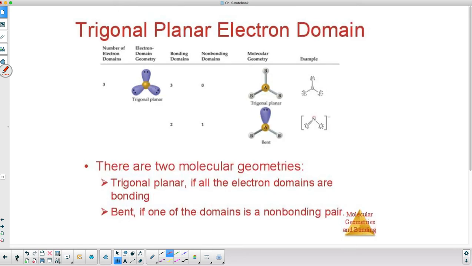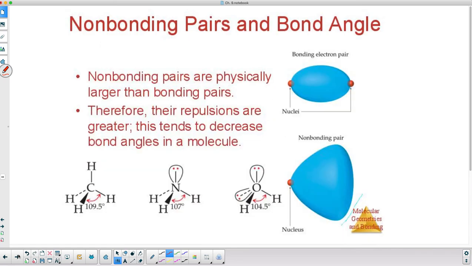So what happens if we have 3 electron domains, and no non-bonding domain? That's called trigonal planar. What if we have 2 bonds and 1 non-bonding? Then it's called bent. Okay. We go through this. Non-bonding pairs and bond angles.